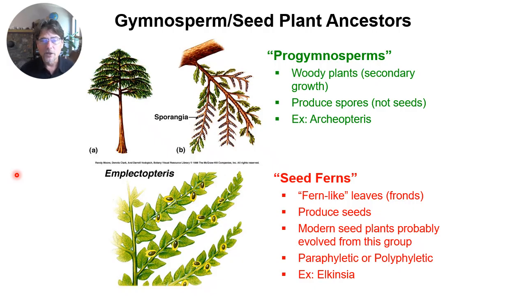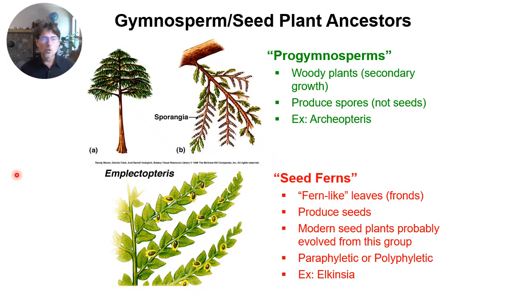But we don't really know which group of seedless plants gave rise to modern seed plants. In fact, in the fossil record, there's evidence for several groups of plants that were probably early seed plants but have since gone extinct. Which one of these extinct groups, or maybe several of them, gave rise to modern seed plants is a question that botanists have not been able to answer yet.